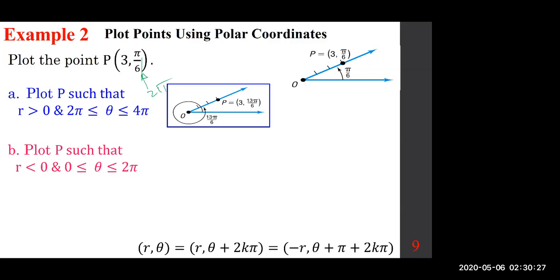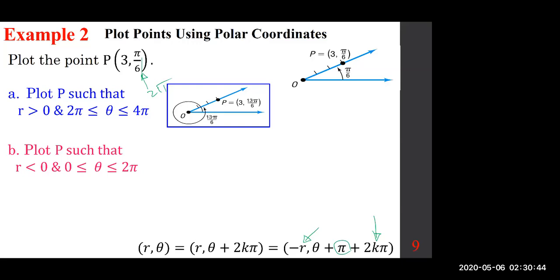Now we want negative r. So take a look at what I said, or if you take a look at this one, it says if you want negative r, all you have to do is add pi or more pi and 2k pi.